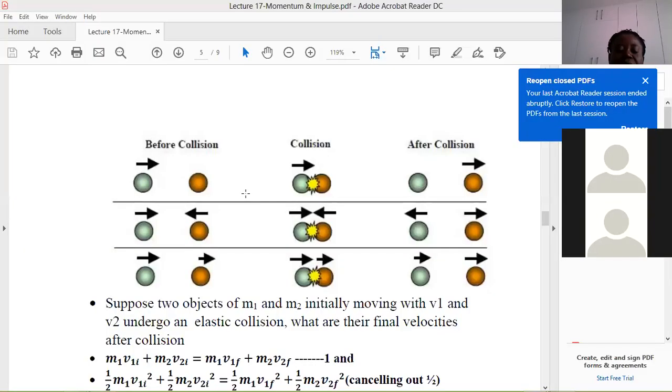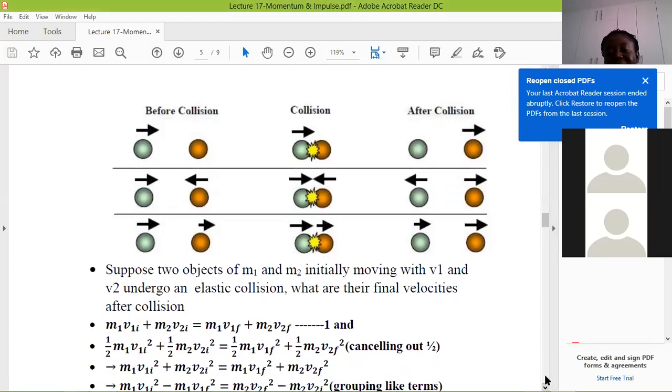You can see here they are all facing the same direction. They collide, and they continue to move in that direction. They don't stick together in elastic collisions.